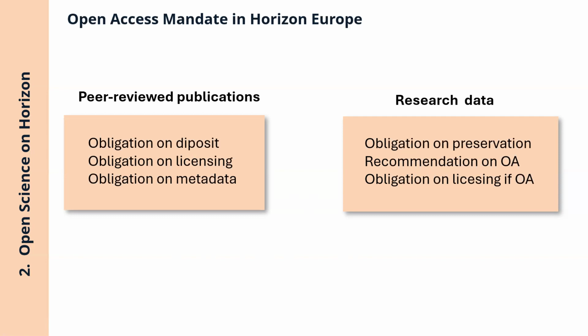For peer-reviewed publications, as you saw, they establish obligations on depositing the publication, on licensing the publication, and on using specific fields on metadata. Regarding the research data, you have an obligation on preserving the research data. You have a recommendation on making it open access, and you have the obligation of licensing.